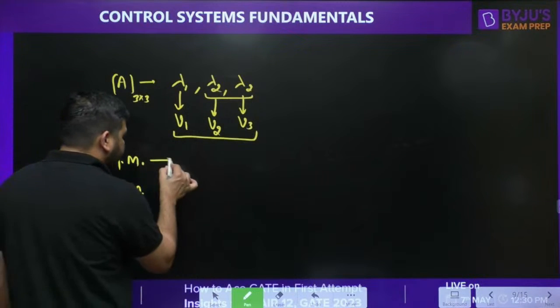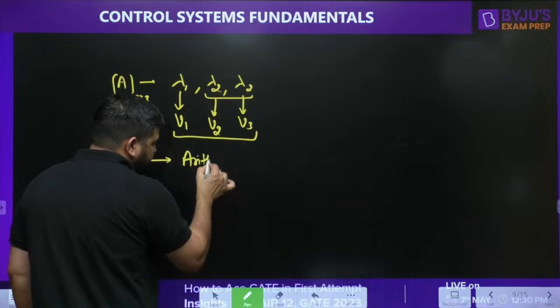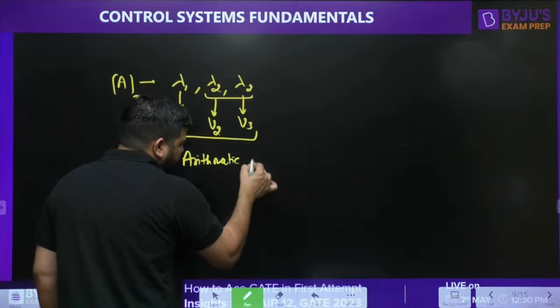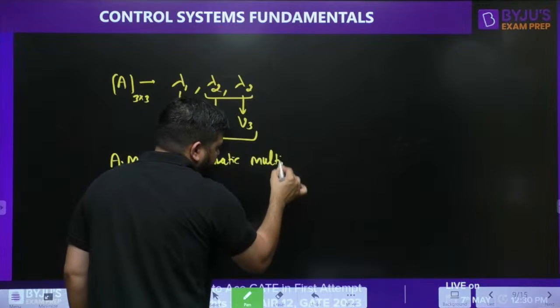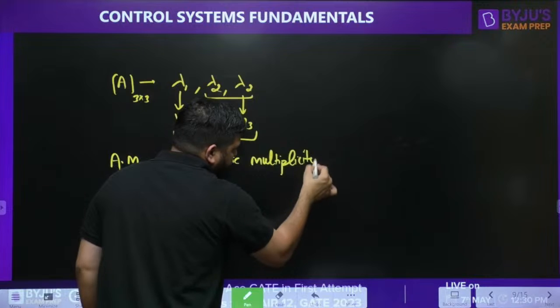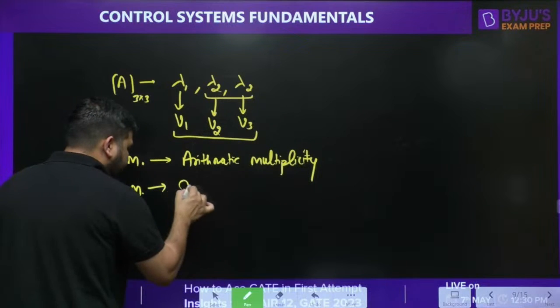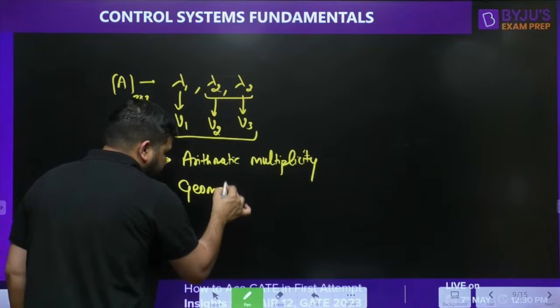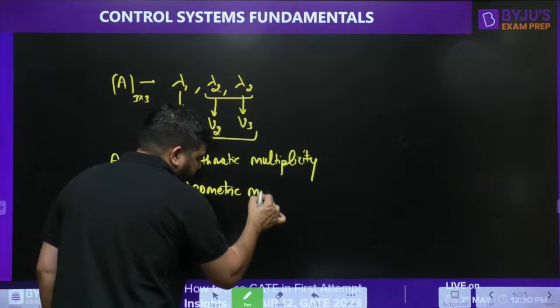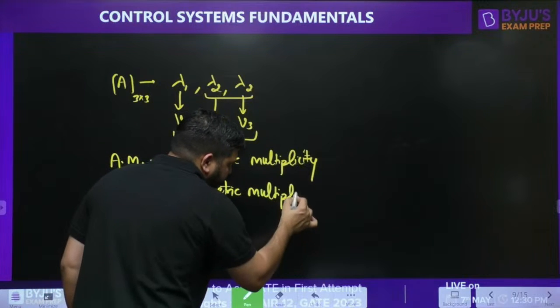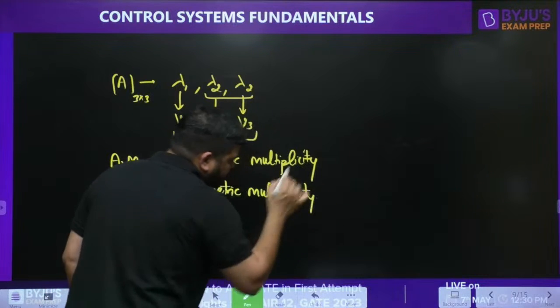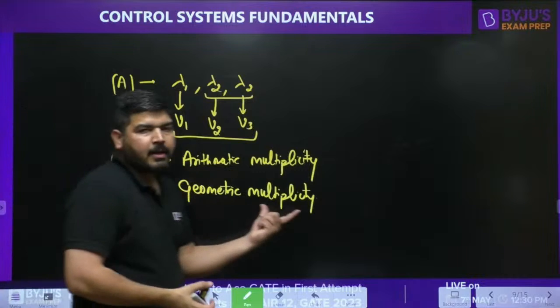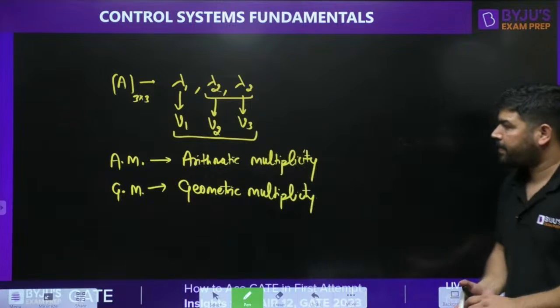AM means algebraic multiplicity. What is GM? GM is geometric multiplicity. Now, how to calculate arithmetic multiplicity and geometric multiplicity?